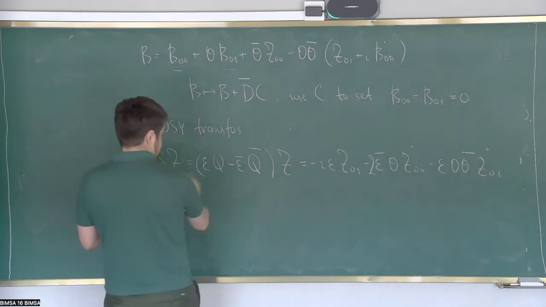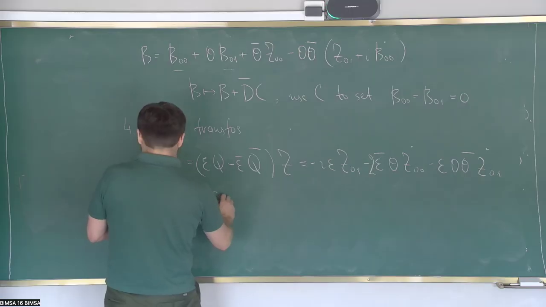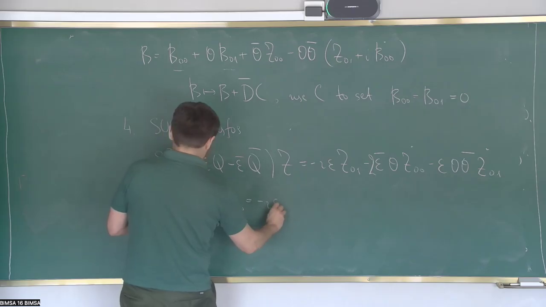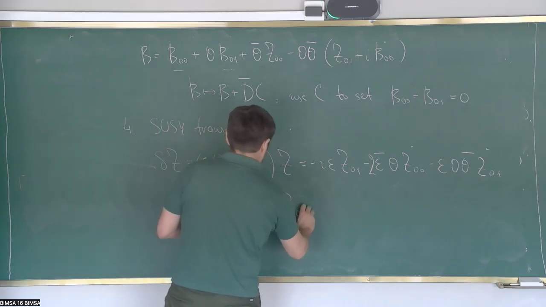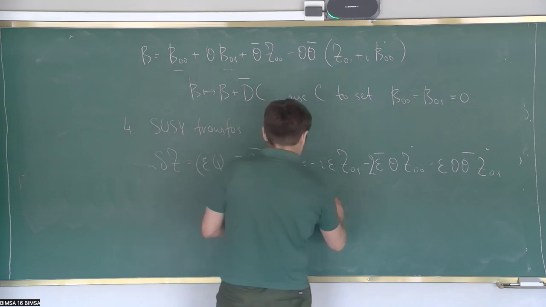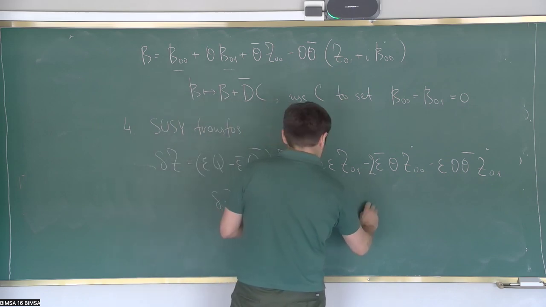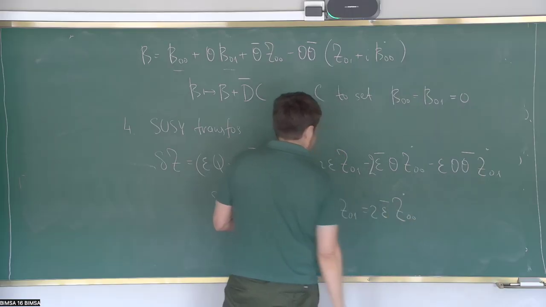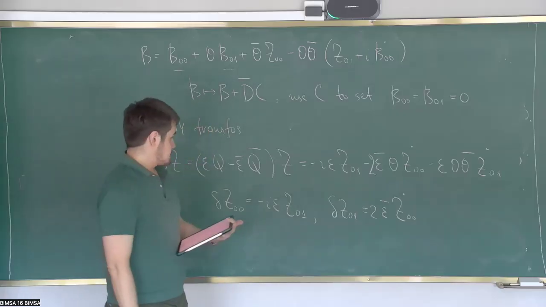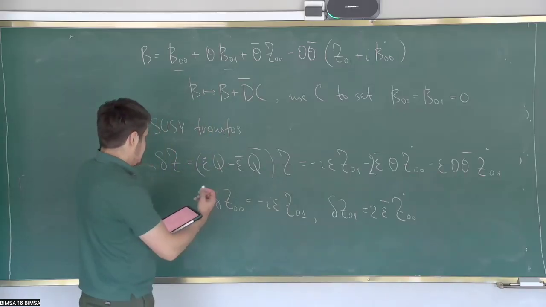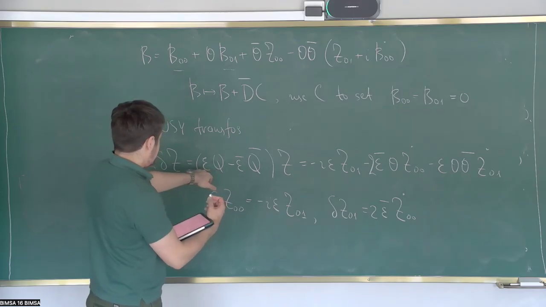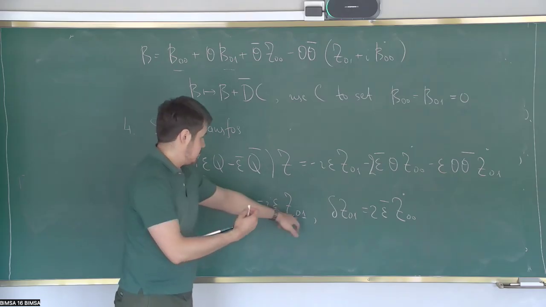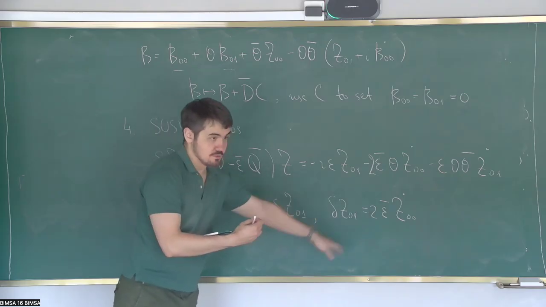So this means that the variations of the components of Z are delta Z0,0 is minus epsilon Z0,1, and so on. So you see the supercharge Q has parameter epsilon, so this epsilon transformation is nilpotent. Z0,0 transforms to Z0,1, and Z0,1 is not transformed under epsilon.